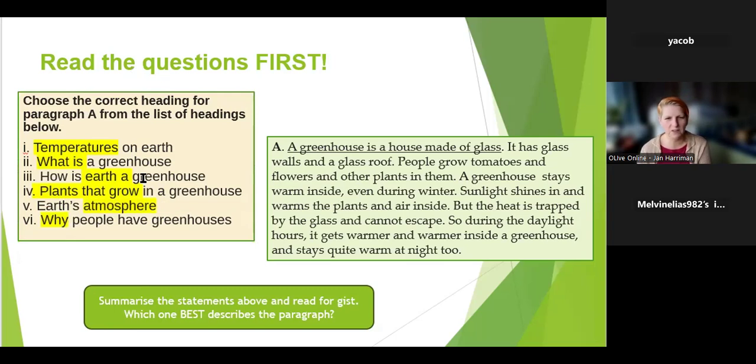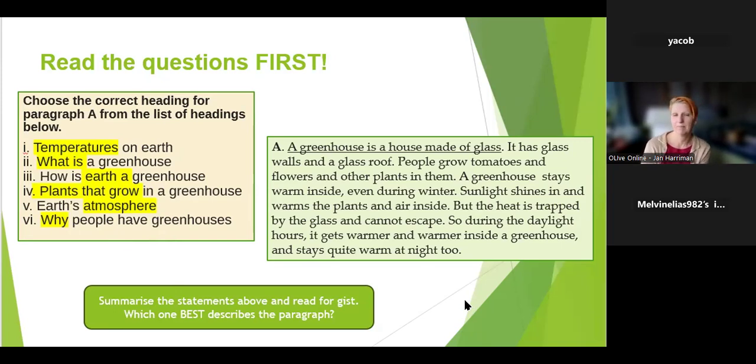So if you turn these into questions: is it about temperatures? Is it about what a greenhouse is? Is it about the planet, how the Earth works as a greenhouse? Is it about plants? Is it about the atmosphere? Or is it about why people would bother to have one? I don't know. Which one is it?